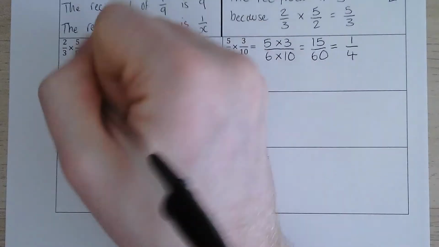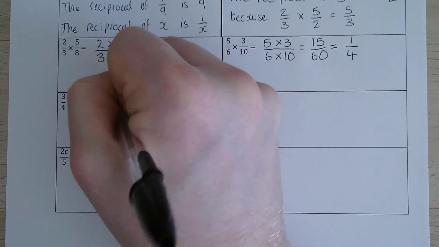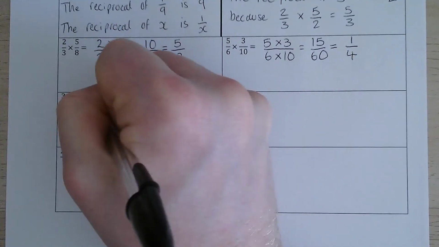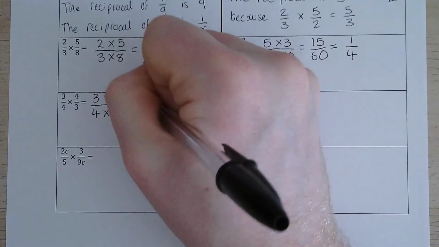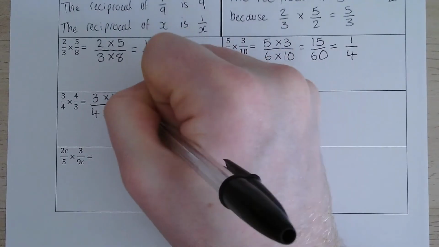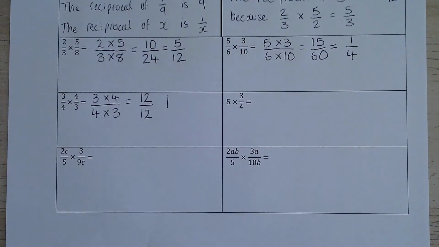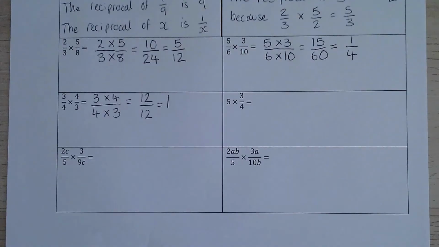We can check this if we use the regular multiplying fraction method. Our numerator is 3 times 4, which is 12. The denominator is 4 times 3, which is 12, and 12 divided by 12 is 1.